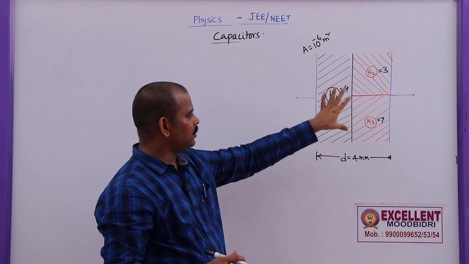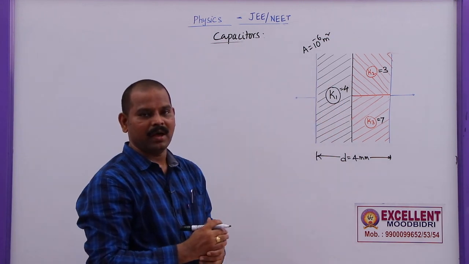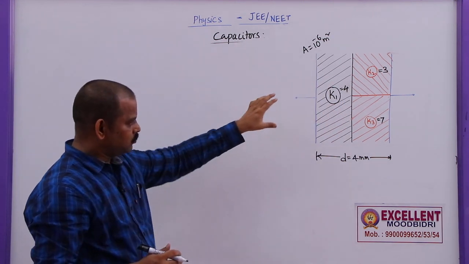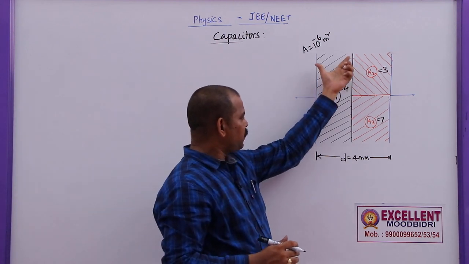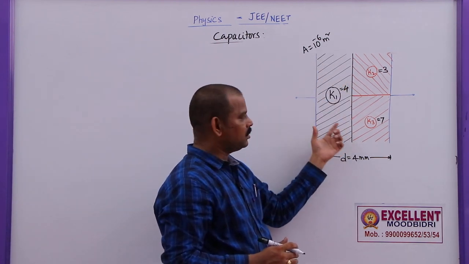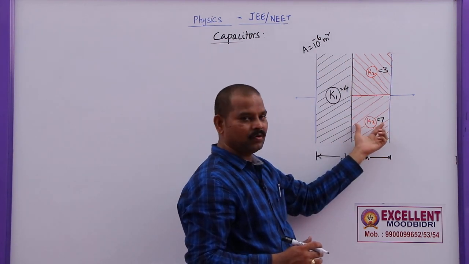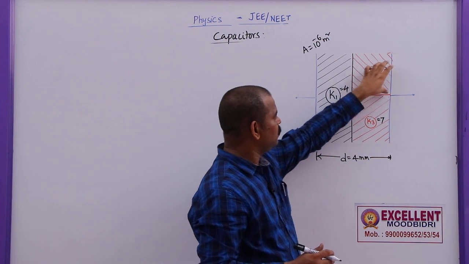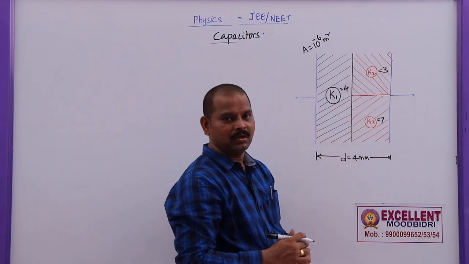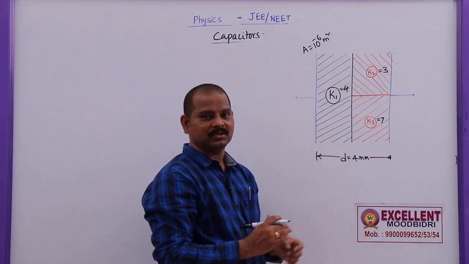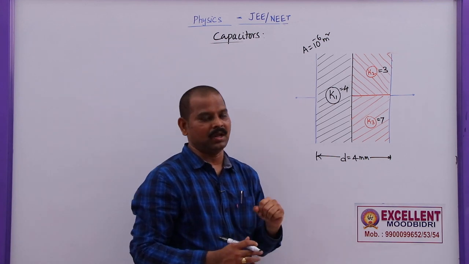Now, what is the effective capacitance of this parallel plate capacitor? If you observe this diagram, this first slab is inserted between two plates in vertical direction. These two are also placed in vertical direction only, but these two are parallel to each other. So, this single capacitor can be divided into three capacitors now.